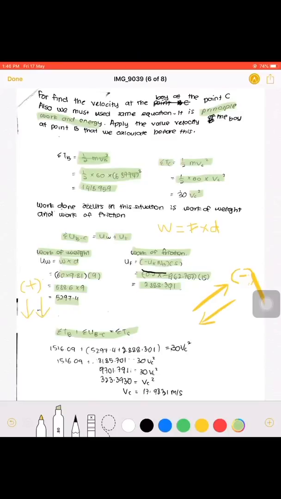So we get negative coefficient of friction times the normal force, then times the displacement. We get the answer for the work of friction.